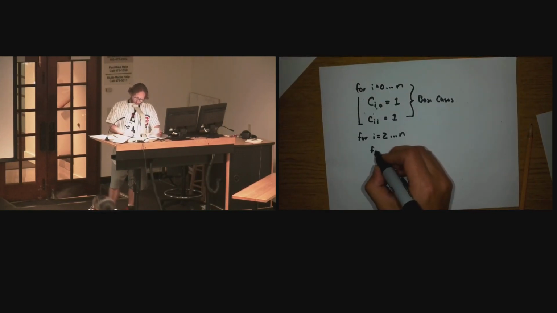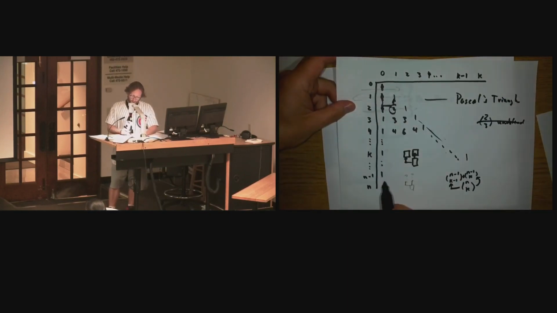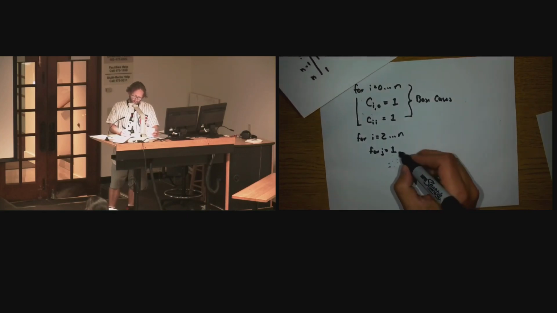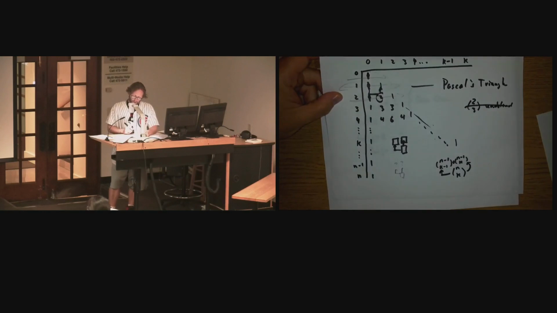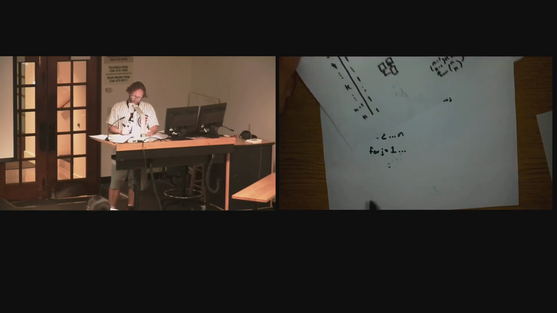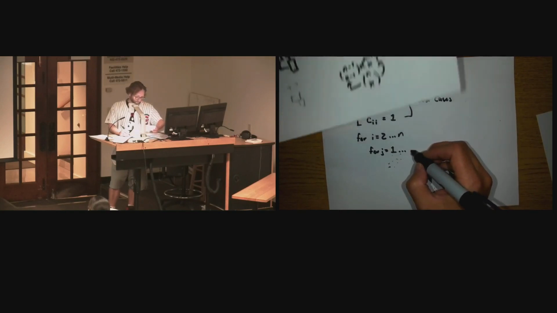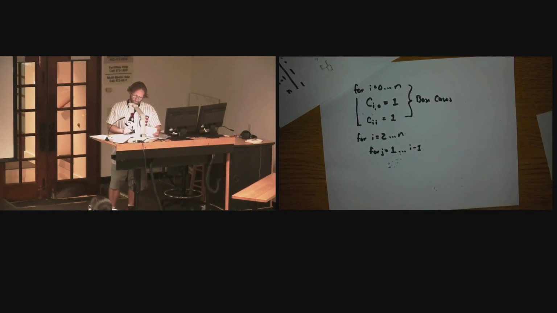And then we'll go ahead and go for j running from, we'll start it at i because we already took care of that first column. Or we'll start it at 1, sorry. And then we'll go up to and excluding when equal to, what did I have before? i minus 1. There we go.